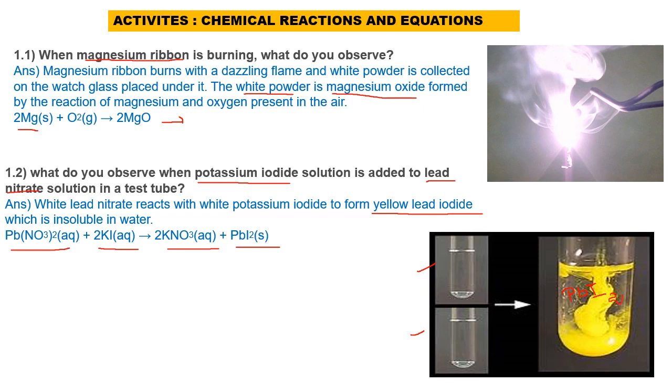You can see initially the lead nitrate and potassium iodide solutions are almost colorless, and when you add them you will see the change in color. When you see a change in color, it means a certain chemical reaction has taken place, right? This is an indication that a chemical reaction takes place between the two solutions.